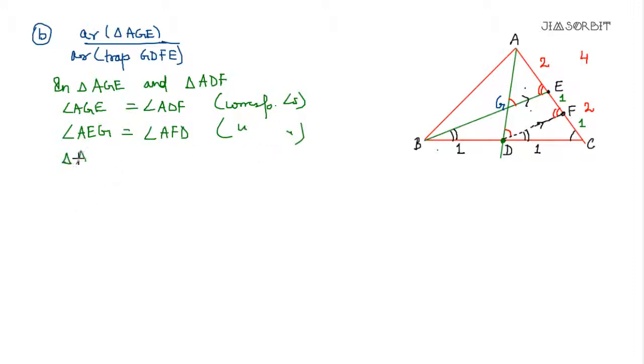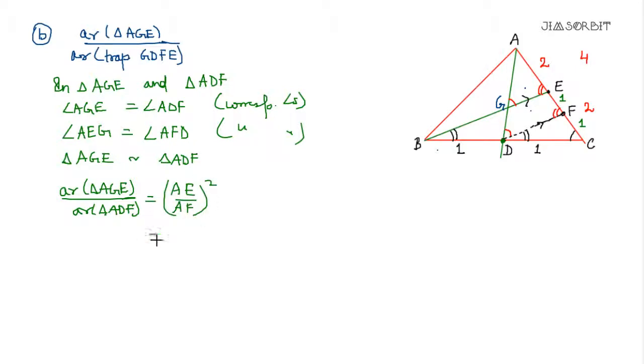This implies triangle AGE is similar to triangle ADF. If they are similar, their areas are in the ratio of the squares of their sides. So area AGE upon area ADF will be the ratio AG or AE upon AF, whichever you say, whole square.